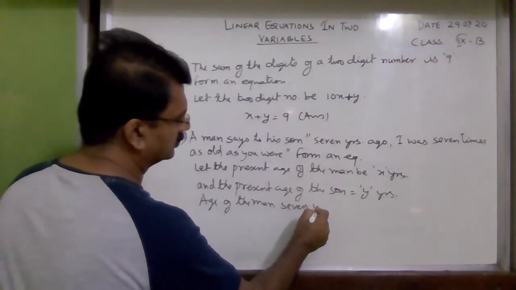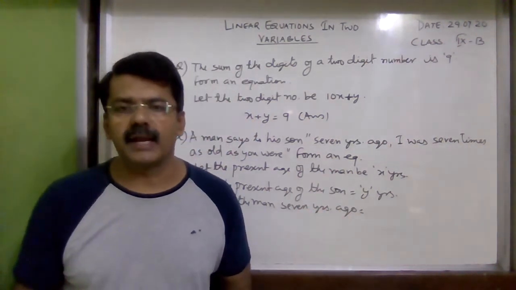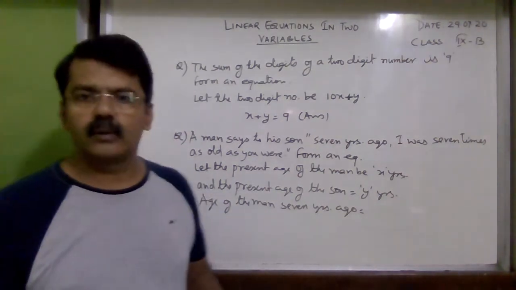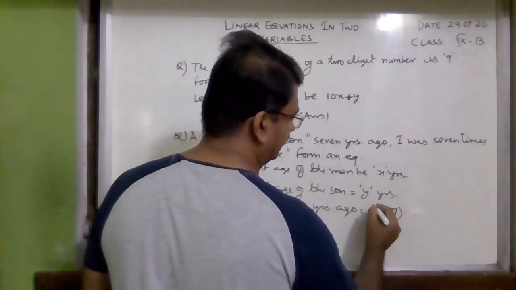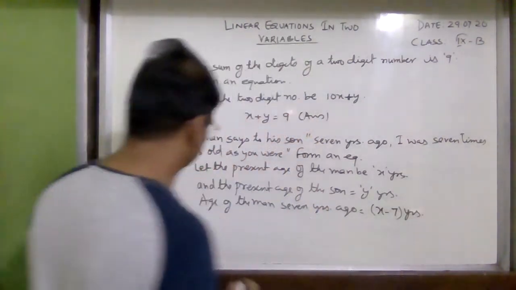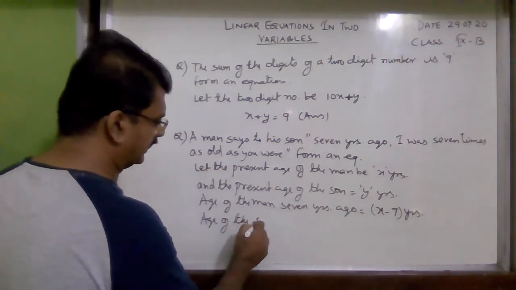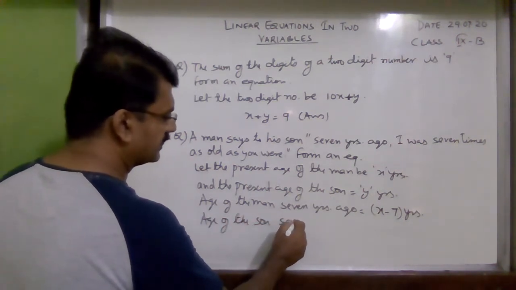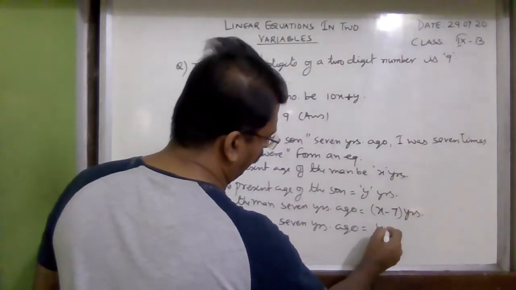Age of the man 7 years ago will be equal to x minus 7 years. Age of the son 7 years ago will be y minus 7.